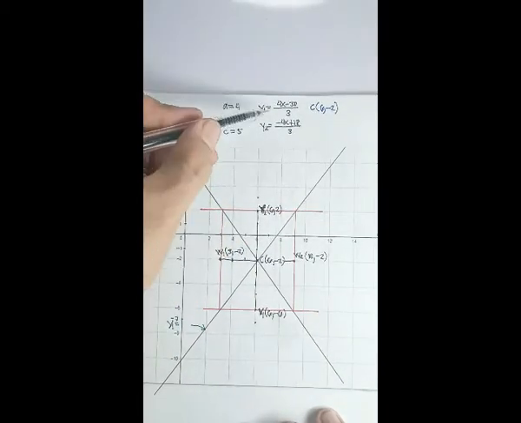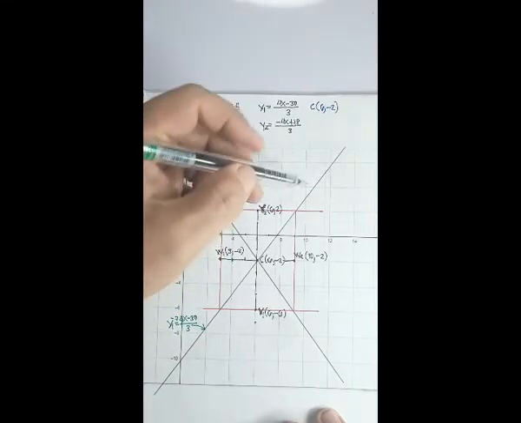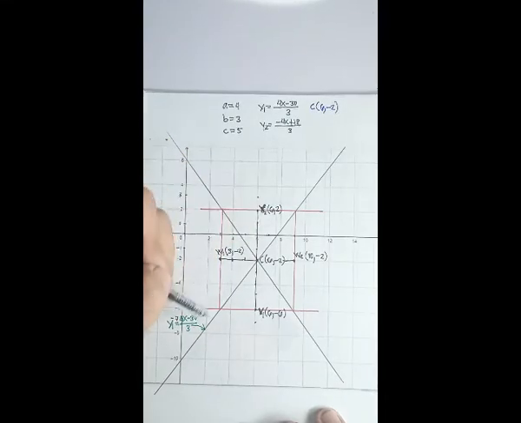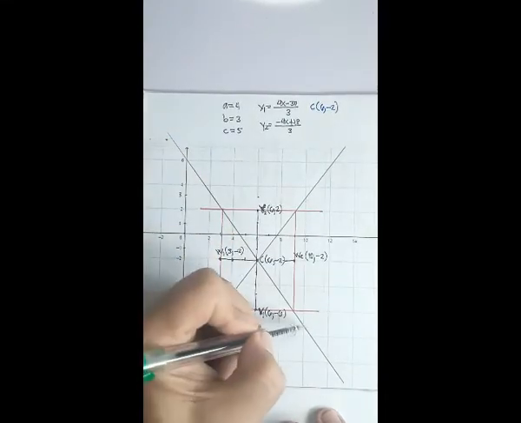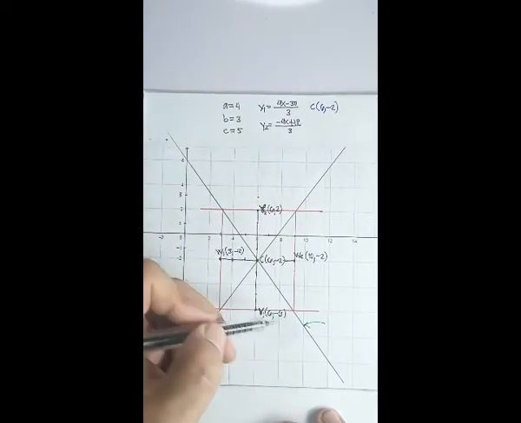Y1, ang equation niya is 4x minus 30 over 3. So positive ang atong sign because this is a line with a positive slope, while kaning usa, this is a line with a negative slope, negative rise over run.